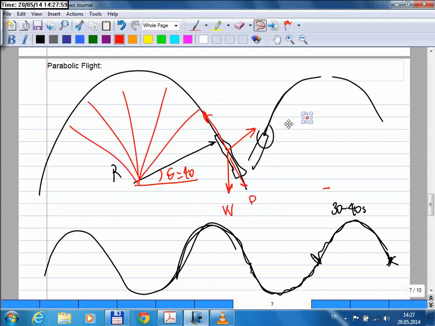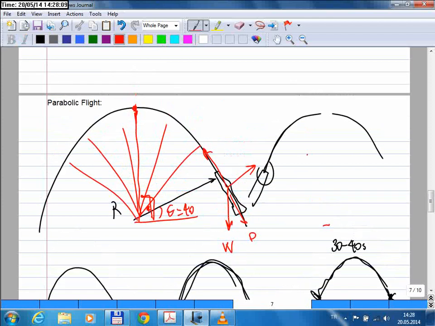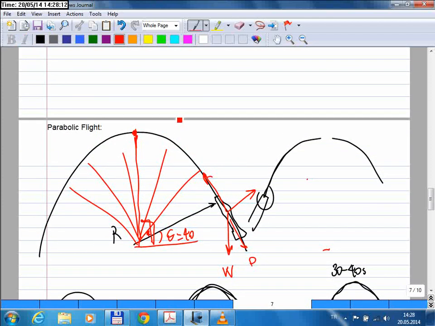Maybe I can do something for this point only. When it comes to this peak point, where theta is equal to 90 degrees, for that point you can make certain calculations.